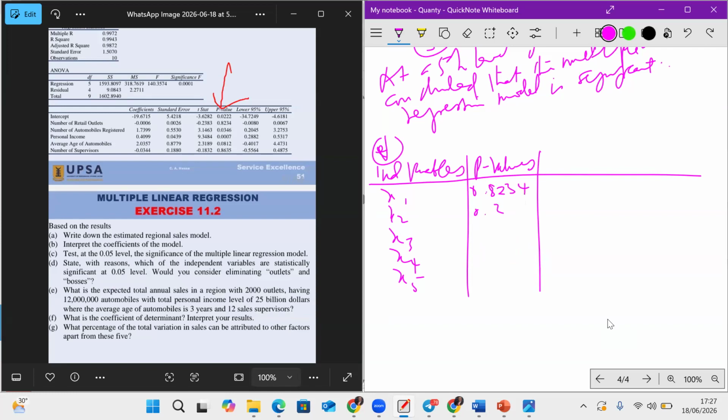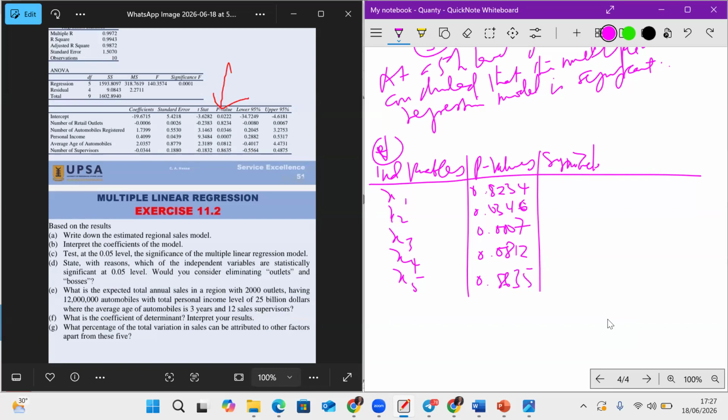Then 0.0346. Then 0.12307. 0.0812. Then we have 0.8635. That's the p-value. Then after we get the p-values here, we will now write the significance level.